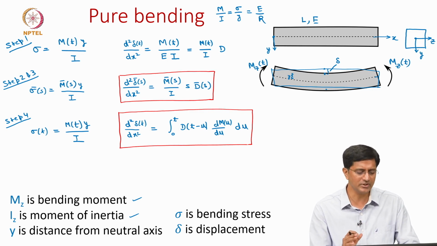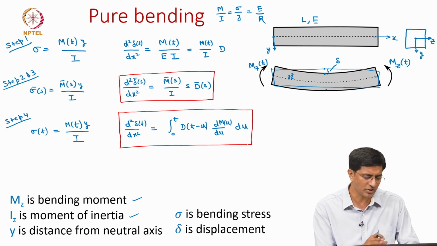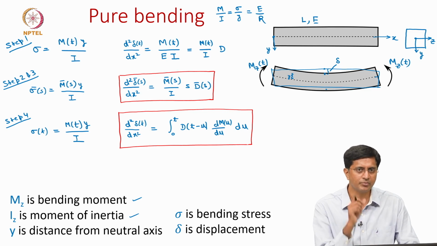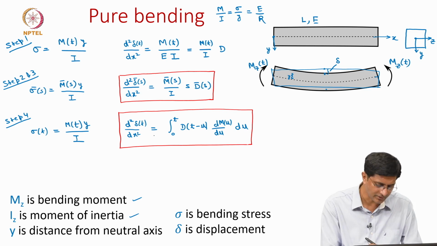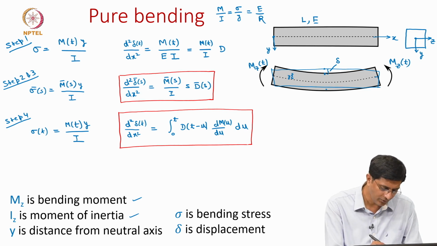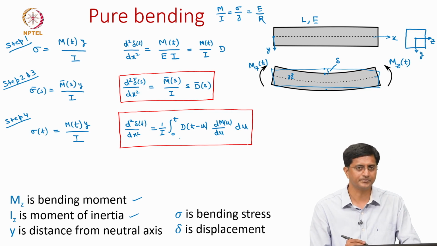So, with an example we will follow both these approaches and show that both approaches can be followed for easy loads, but one has to take a call depending on the kind of load one has to solve for. Just a small correction here, we forgot to bring this I in the denominator. So, let us add that here to correct the final formula.